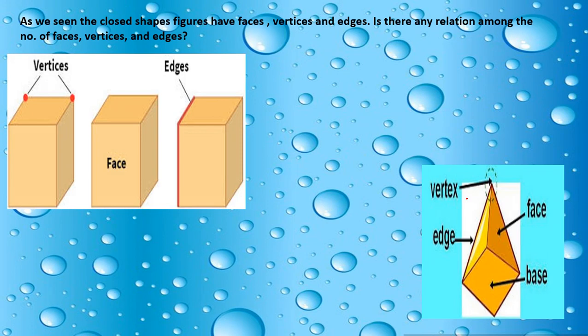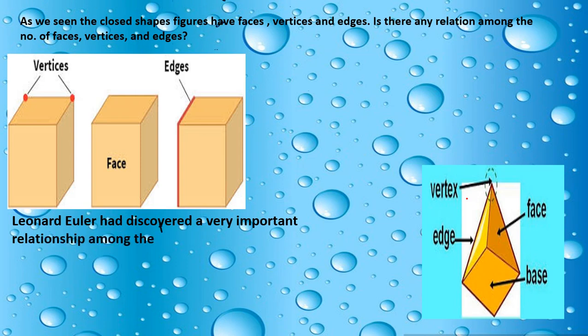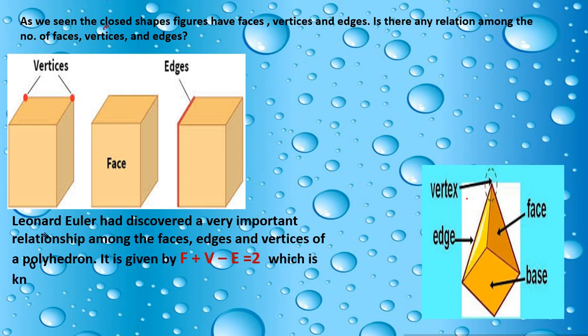Now as we have seen, in all closed shape figures there are faces, vertices and edges. So is there any relation among the number of faces, vertices and edges? Yes, there is a relation. Leonhard Euler discovered a very important relationship among the faces, edges and vertices of a polyhedron, given by f plus v minus e is equal to 2.